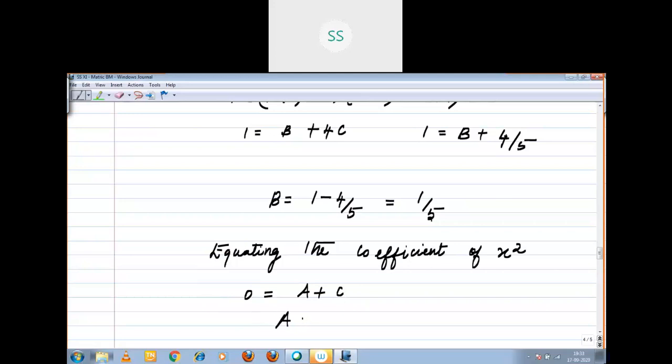The c value I know is 1 by 5. So a equals minus 1 by 5.